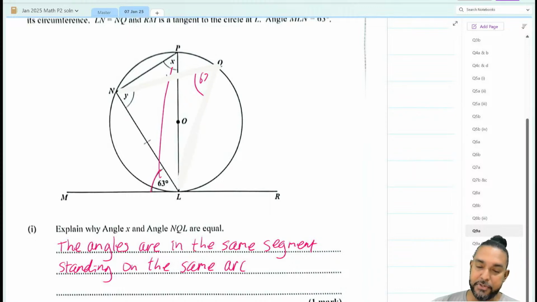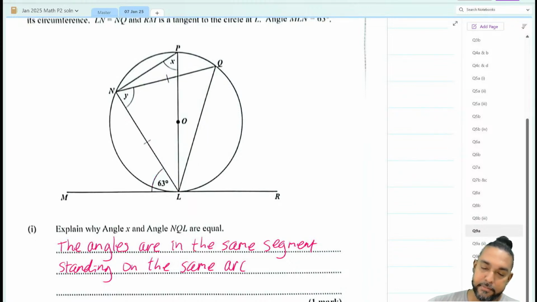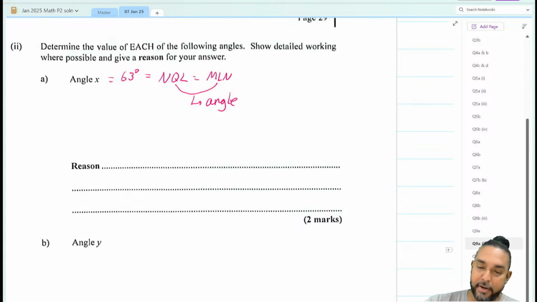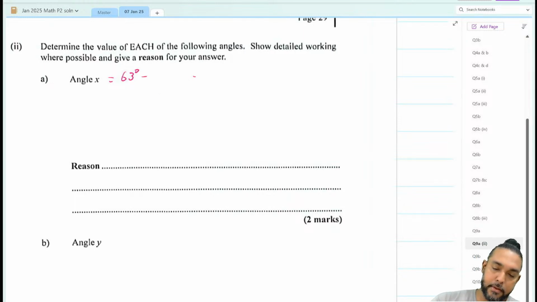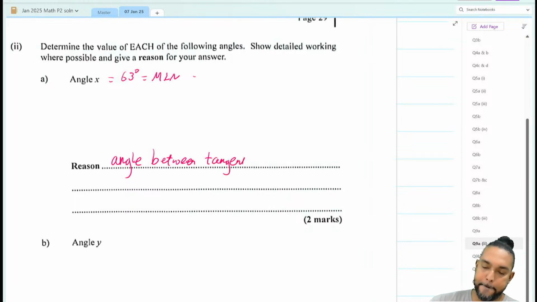The angle between tangent and chord is equal to the angle in the alternate segment. Yeah, you could do that. MLN, because angle between tangent and chord equals angle in alternate segment.